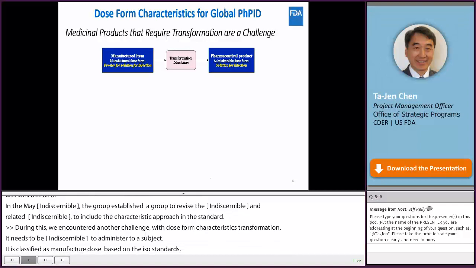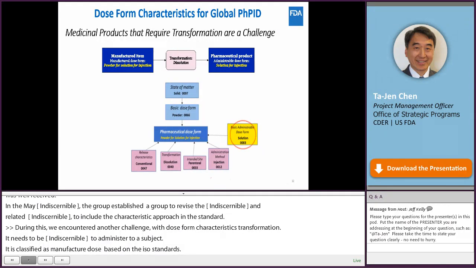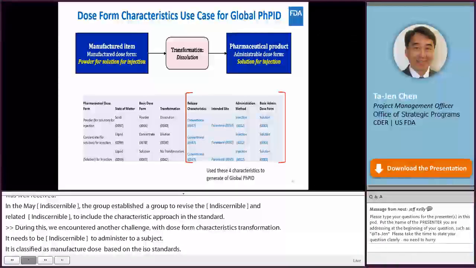And as we discussed earlier, the ISO 11616 utilizes the administrable dose form to generate level 3 and level 4 PhPIDs. And with that, we introduce the basic administrable dose form characteristic to capture the basic dose form that is administered to a subject. So let's look at the table here.